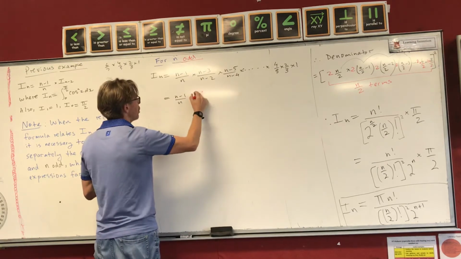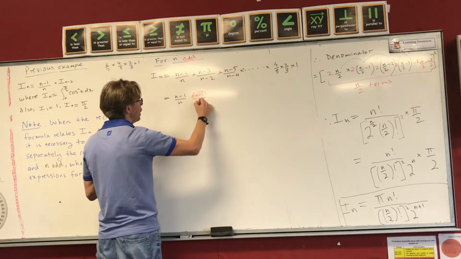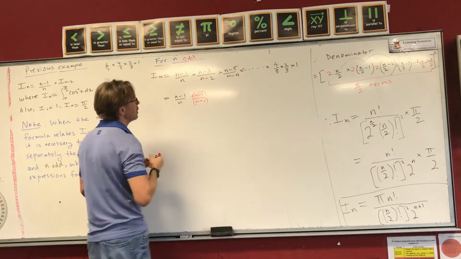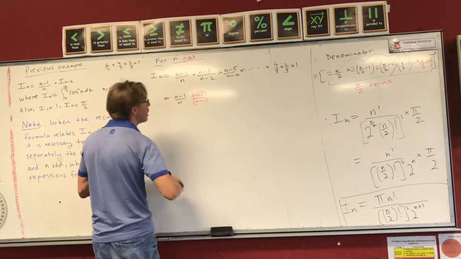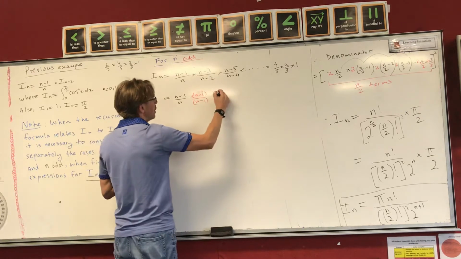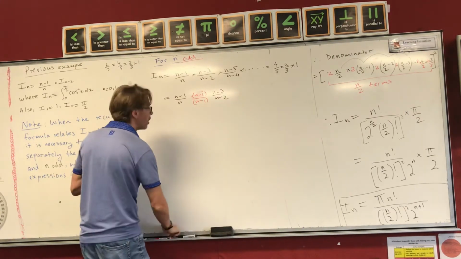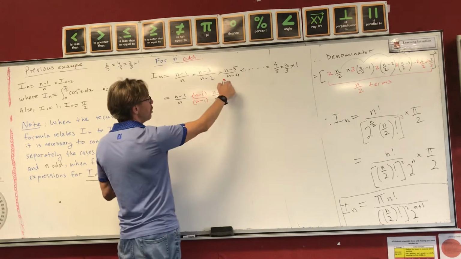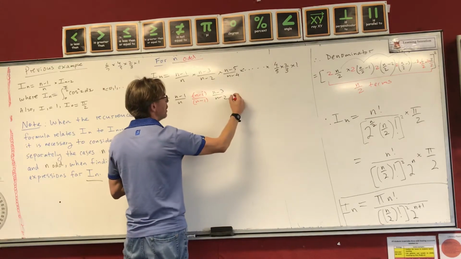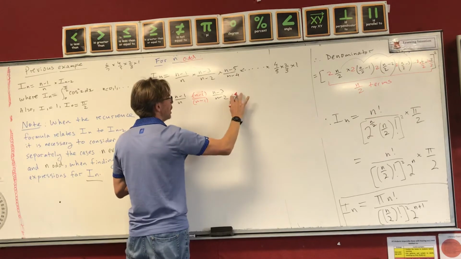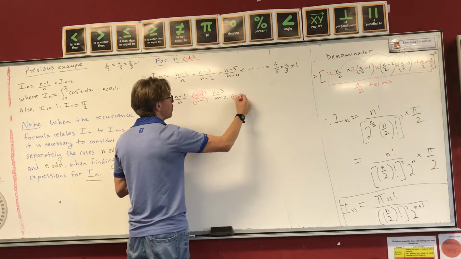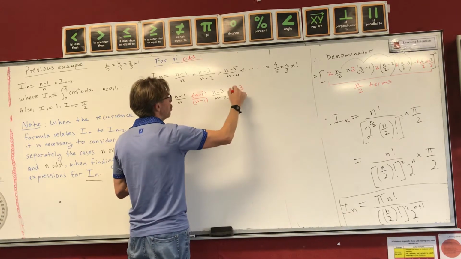So let's just do n minus 1 over n minus 1. Alright, then n minus 3 over n minus 2. Alright, now what's between n minus 2 and n minus 4? That should be n minus 3. And I'm going to do the same thing to the numerator.